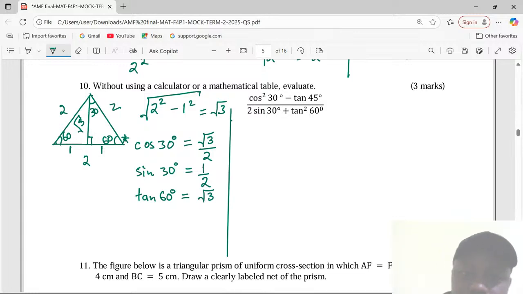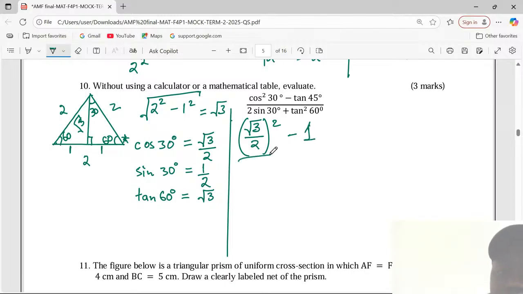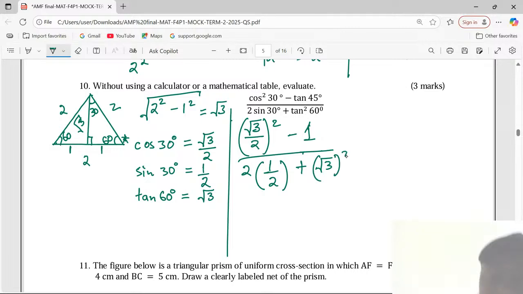Let's now substitute cosine of 30 squared. So the root of 3 over 2 squared. Then minus the tan of 45, which is 1, out of 2 multiplied by the sine of 30, which is half. Then plus the tan of 60 squared, so √3 squared.